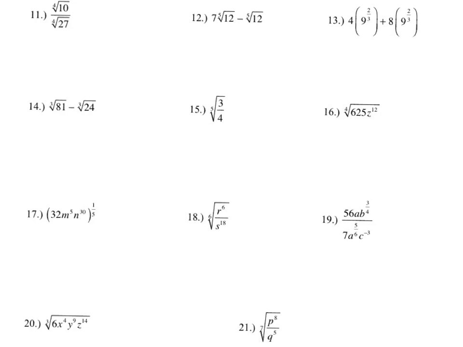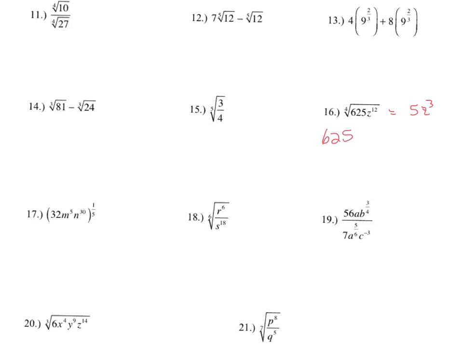And then if I check myself, 5 times 5 is 25, times 5 is 125, times 5 is 625. So I can take out the 5, and then the 4th root of z to the 12th, well, 12 divided by 4 is 3. So this is just 5z cubed.